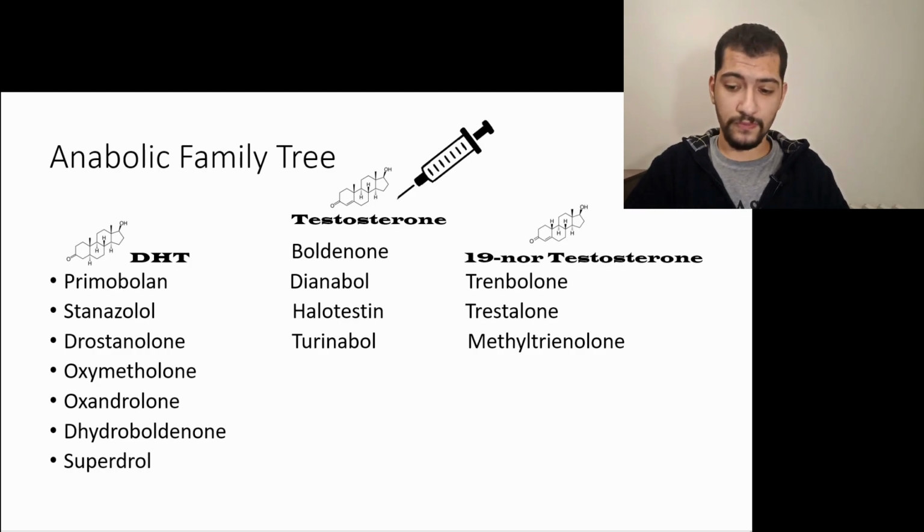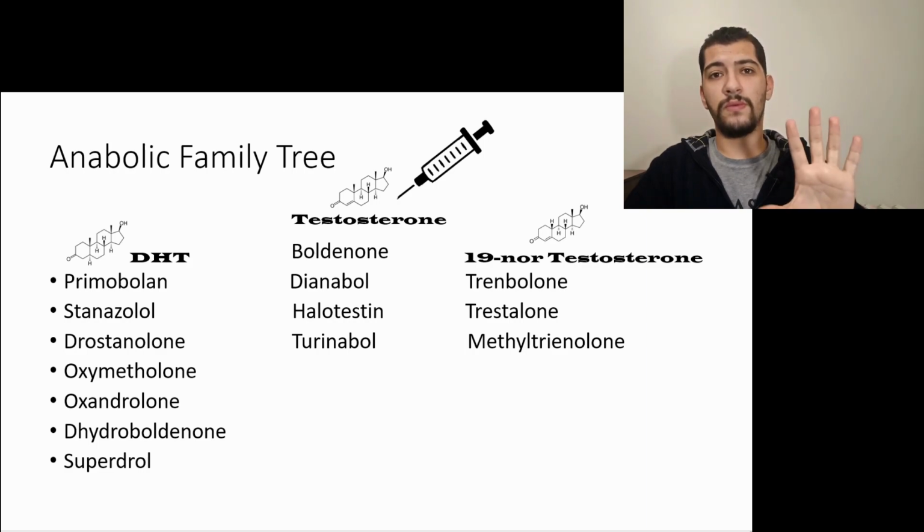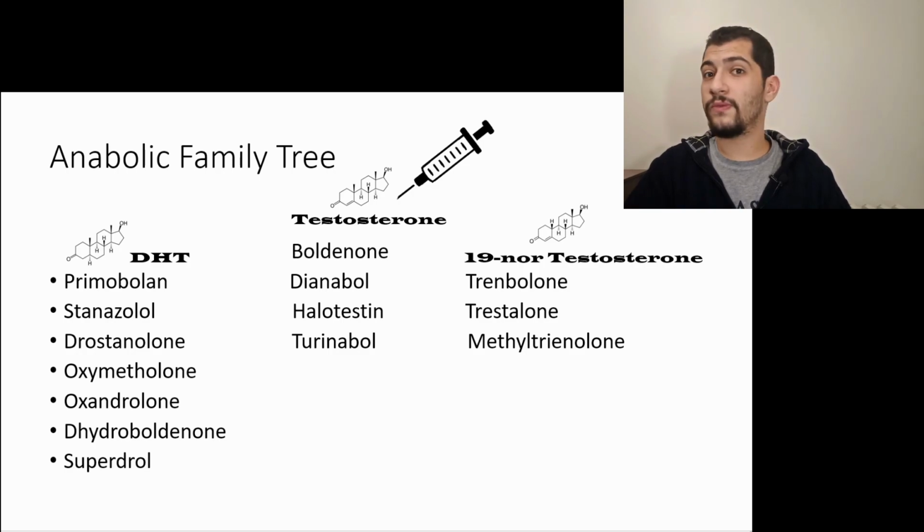If you take a look at the names of the family groups, you can see that testosterone itself is very anabolic also. 19-nortestosterone is very anabolic. But with DHT, unfortunately, we can't say the exact same thing, because DHT's anabolic activities are pretty much non-existent.